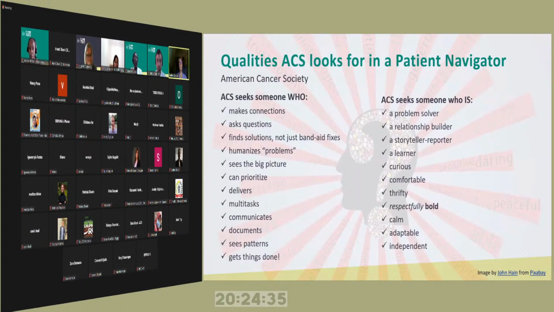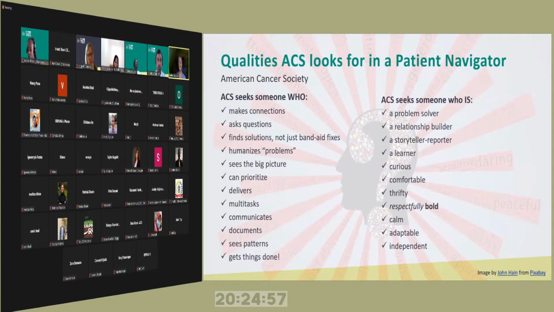I think one of the most important things is finding the right person. And I think that there are a lot of things that you can teach people about cancer or about medical systems. But for me, in hiring, it really very often came down to the personality and finding the person with the right skill set.